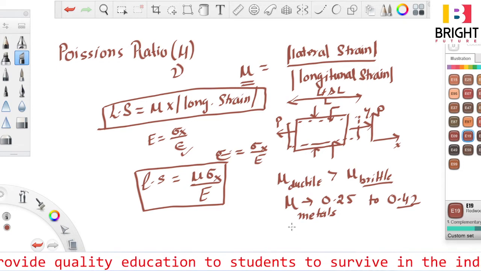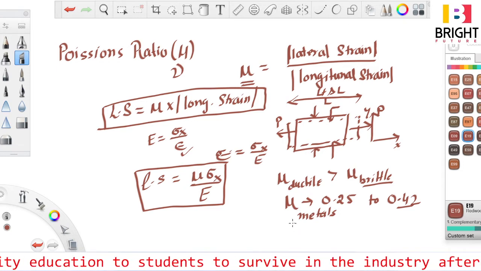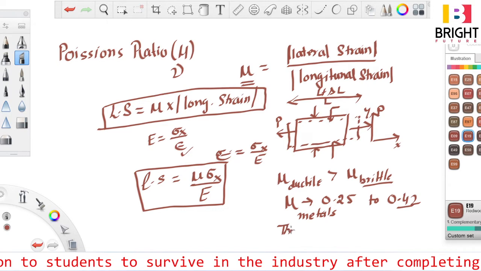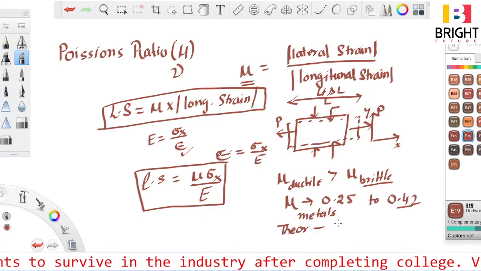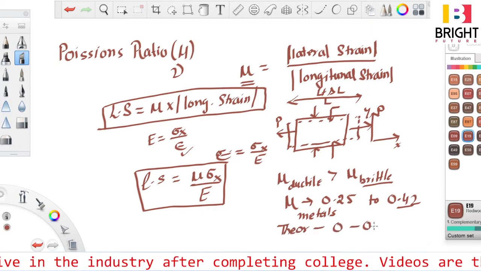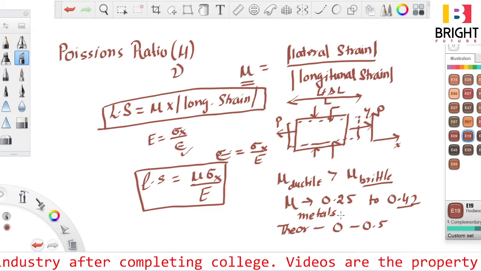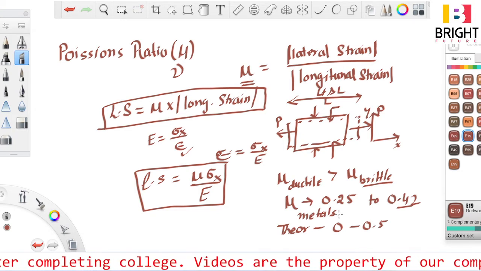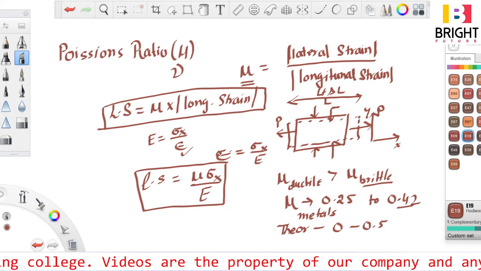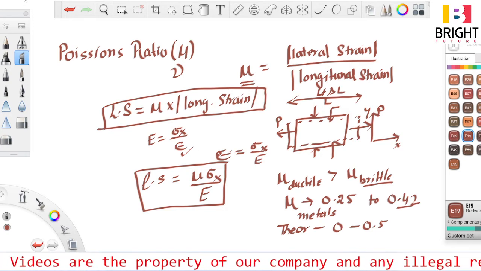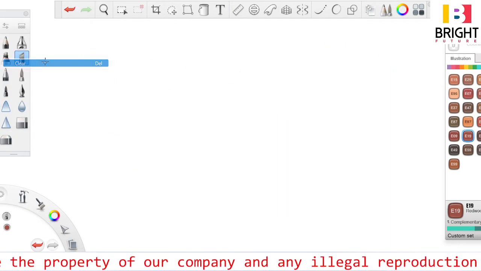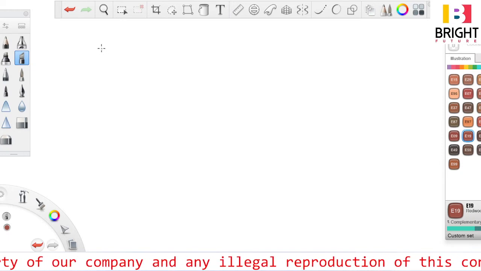Theoretical range for mu is 0 to 0.5. Now we will see for some of the materials what is the value of mu. Let me clear this completely. Here I'll write glass.